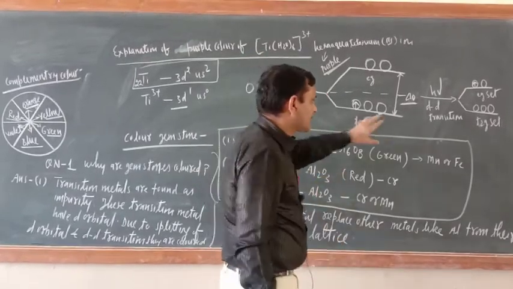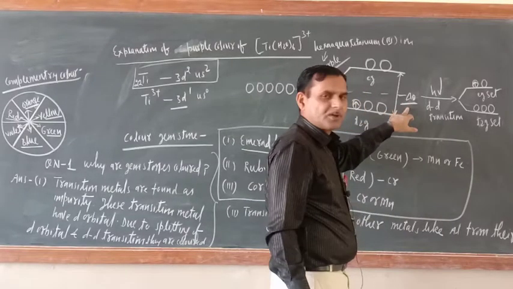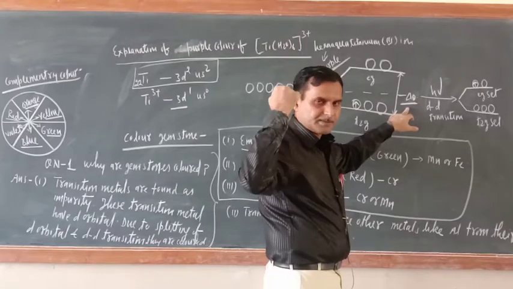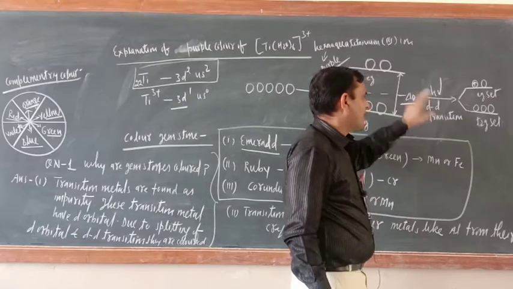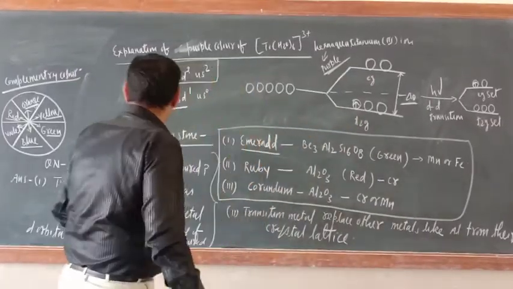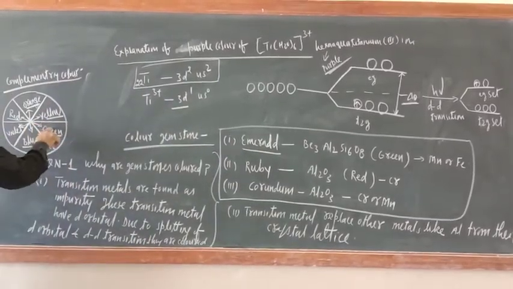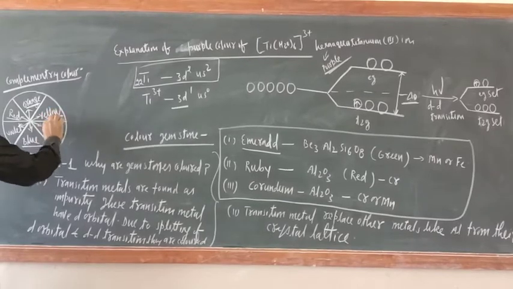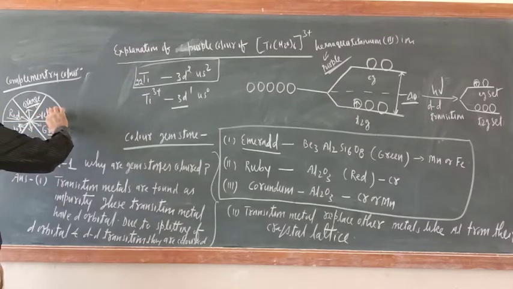So for the d-d transition, this unpaired electron will absorb energy from the visible region. What color of radiation will it absorb? After calculation it was found that it will absorb yellow-green radiation, meaning neither full green nor full yellow, but in between green and yellow in nanometers.